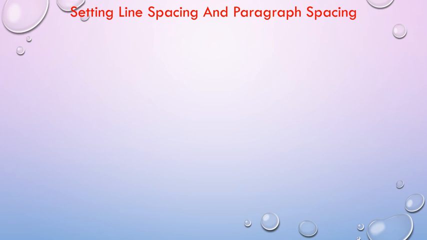Paragraph spacing is the vertical spacing between two consecutive paragraphs. That means the paragraphs that are one after the other. So the spacing between two consecutive paragraphs is done by paragraph spacing.